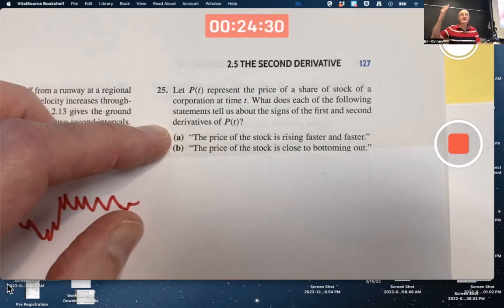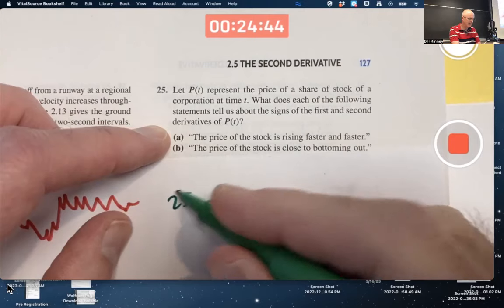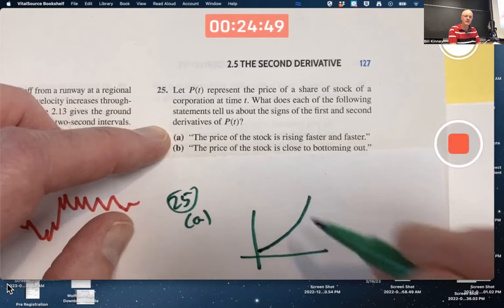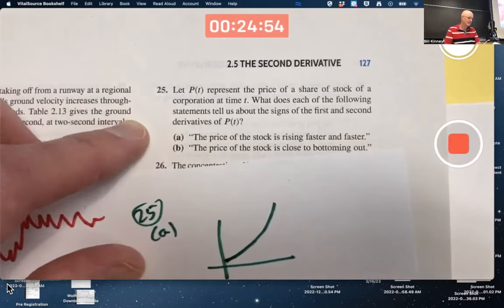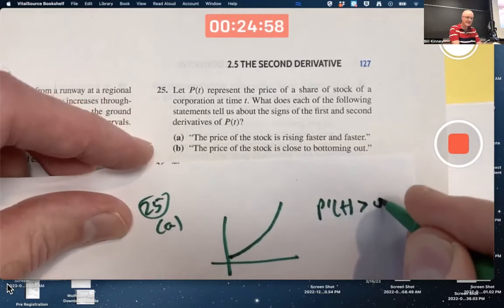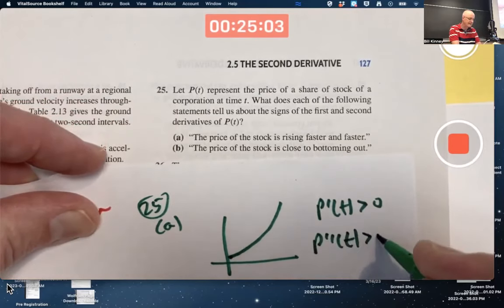Well, first of all, it's rising, going up faster and faster, getting steeper and steeper in the positive direction. For 25A, we're assuming the price of the stock as a function of time looks like that, increasing and concave up. So as far as the sign, it means P prime of T is positive because it's increasing. And P double prime of T is positive because it's concave up.